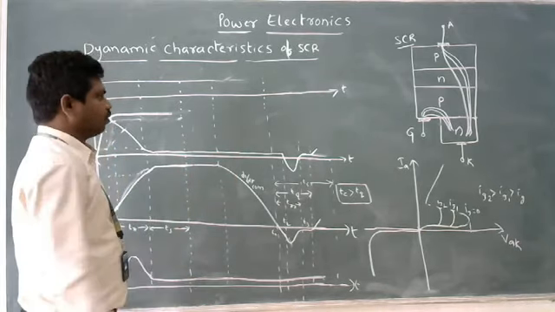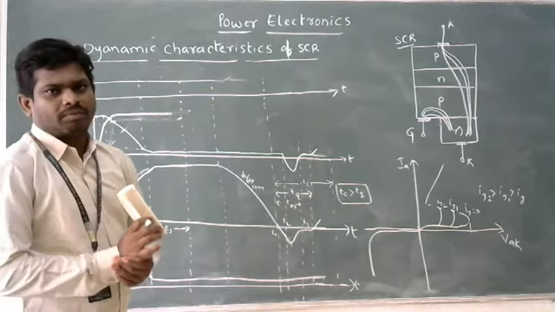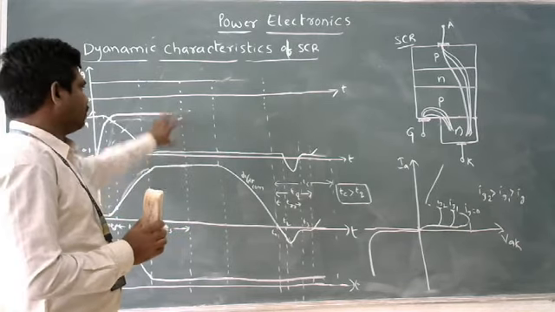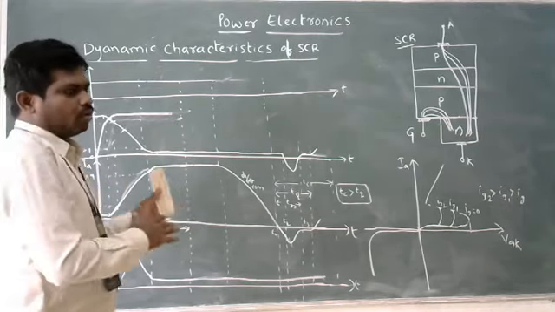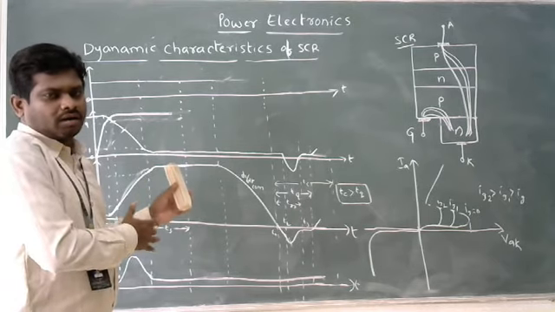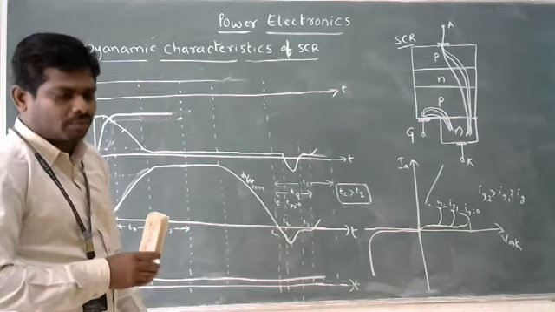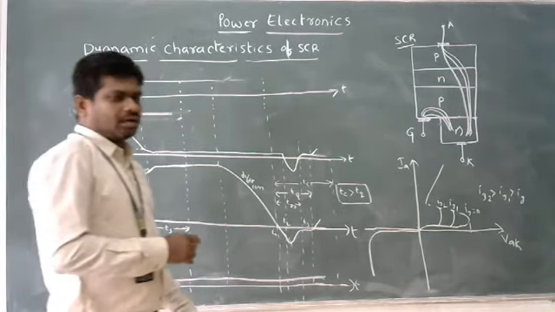We will see the turn on methods of SCR later, but we should know how it comes into the on state from its forward blocking state. So, turn on process, turn on timings.